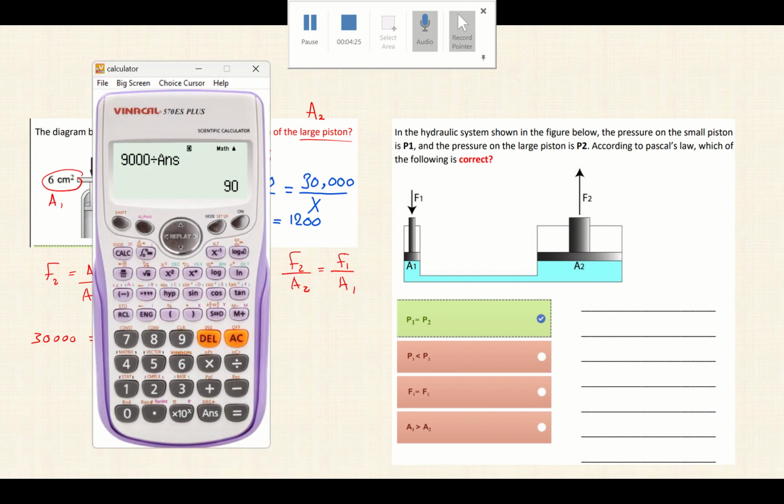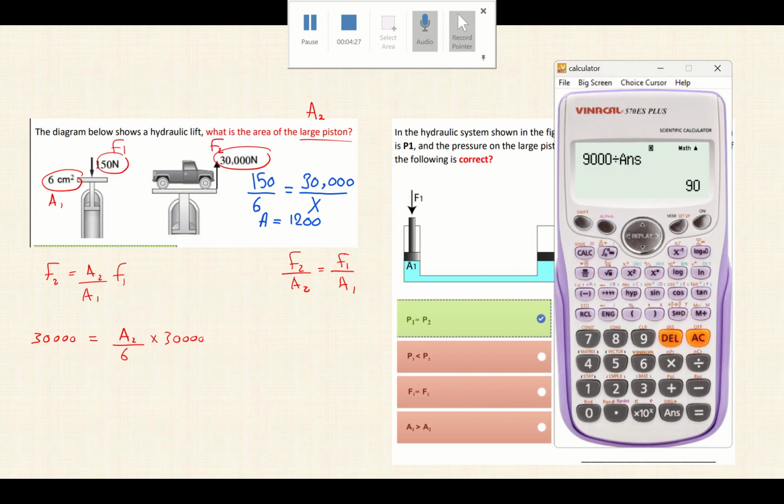Using the calculator, we have A2, which is x, divided by 6 multiplied by 30,000. You can say that the 30,000 is in the numerator next to x, it is the same thing. Shift calc and then equal.